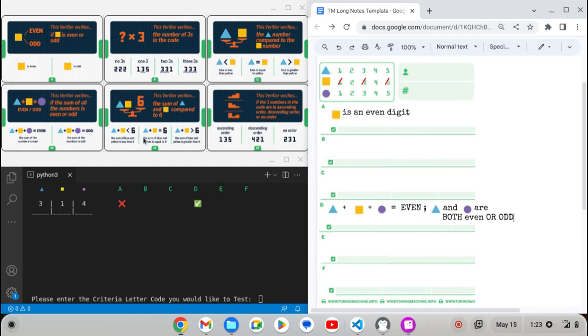Let's see. Well, if there is to be an odd, potentially, so we know, if we test criteria B, of course there can't be 3 threes, because obviously we know that the middle digit is even.